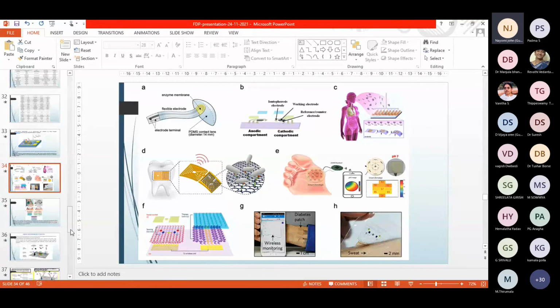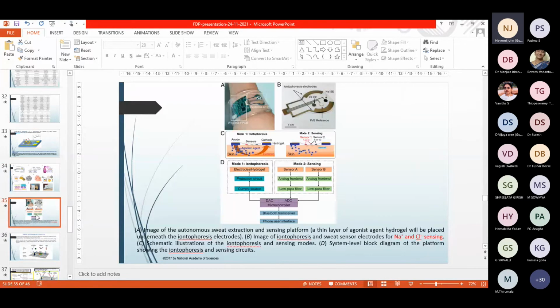So this is the whole setup on the wristband where all the components, which basically for any biosensor, one biorecognition unit should be there, and a transducer which has the ability to convert the signal to a measurable signal. These two components are very important for the biosensor.